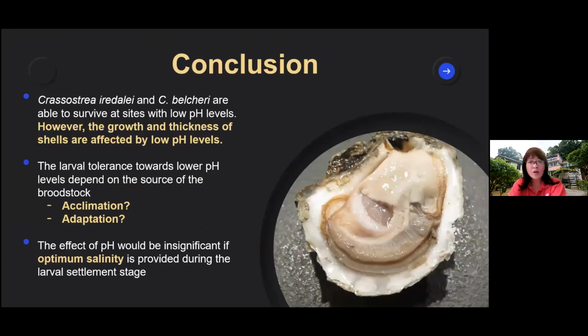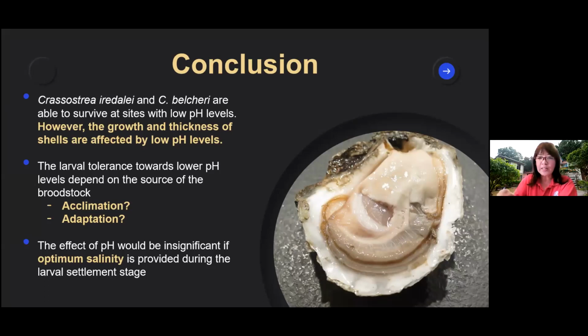In conclusion, for both species, Crassostrea iredalei and Crassostrea belcheri, they are able to survive at sites with low pH level. However, the growth and thickness of shells are affected by the low pH level.